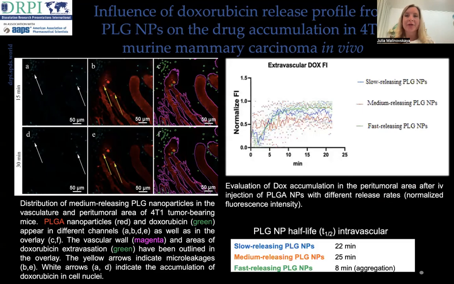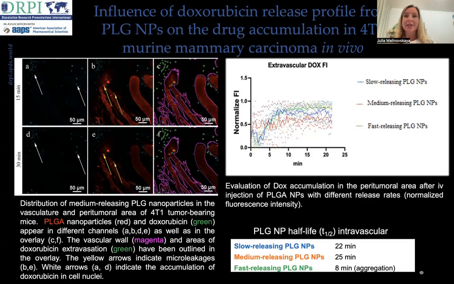The profile of doxorubicin accumulation in the tumor area was assessed for 3 nanoparticle types. The significant difference in nanoparticle half-life was detected. You can see that fast-releasing nanoparticles half-life was about 80 minutes. That is significantly lower than for medium and slow-releasing nanoparticles.